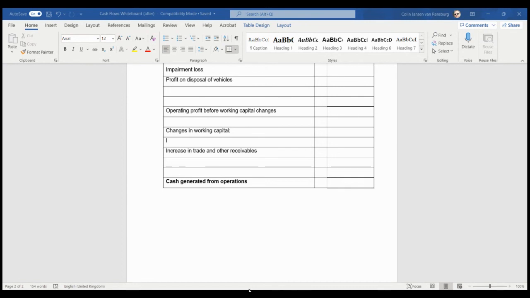You see what we're getting at. This is the way that I like to philosophize about it. Because there's a bigger amount in our debtors this year compared to last year, more of our money is tied up in the debtors balance than last year.